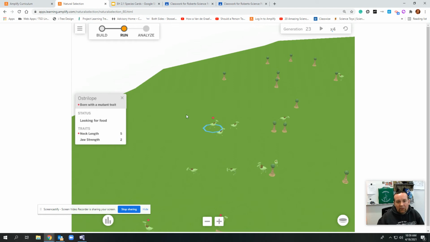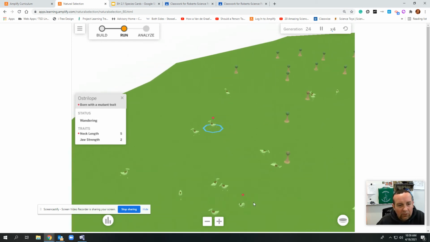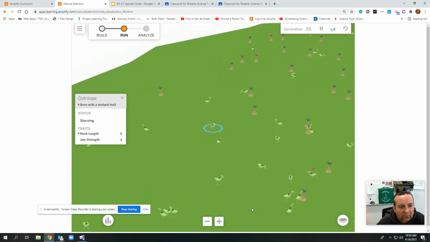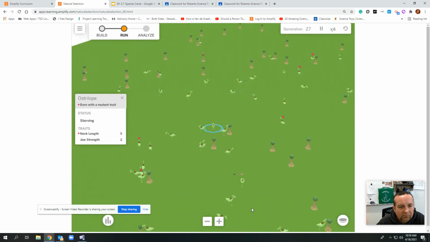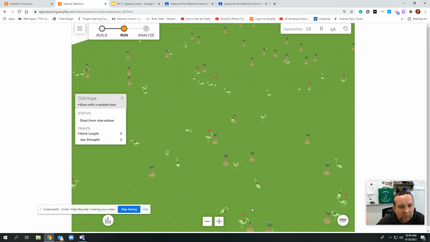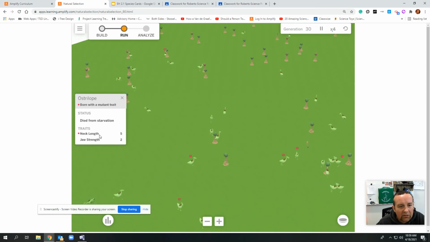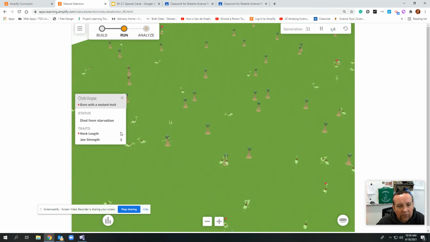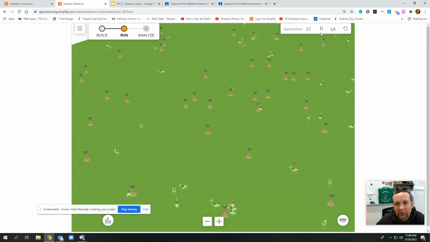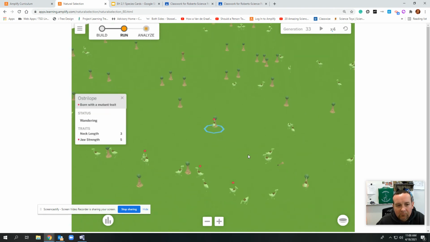Born with a mutant trait. Look at this fellow. This creature here has a neck length of 5 already. Oh, even with a neck length of 5, that one still died of starvation eventually. How sad. Oh, wow.